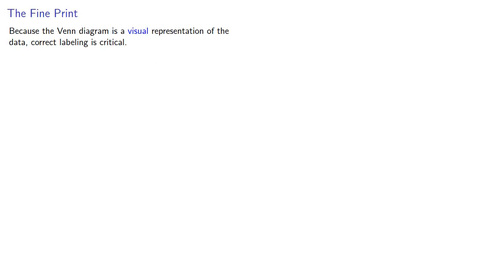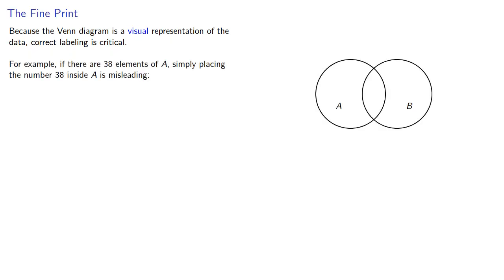Now, before we do that, we have to be a little bit careful because the Venn diagram is a visual representation of the data. Correct labeling is critical. For example, if there are 38 elements of some set A, simply placing the number 38 inside A is misleading.